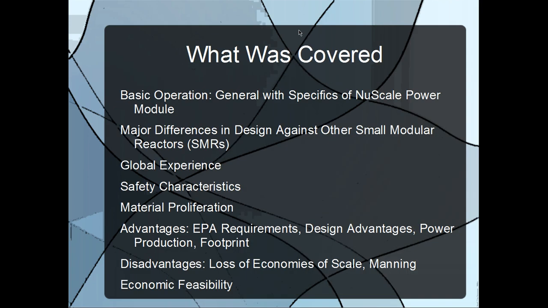To support our arguments and our overall evaluation of pressurized light-water small modular reactors, we have discussed basic operations, major differences in design, global experience, safety characteristics, material proliferation, advantages, disadvantages, and the economic feasibility of this technology.